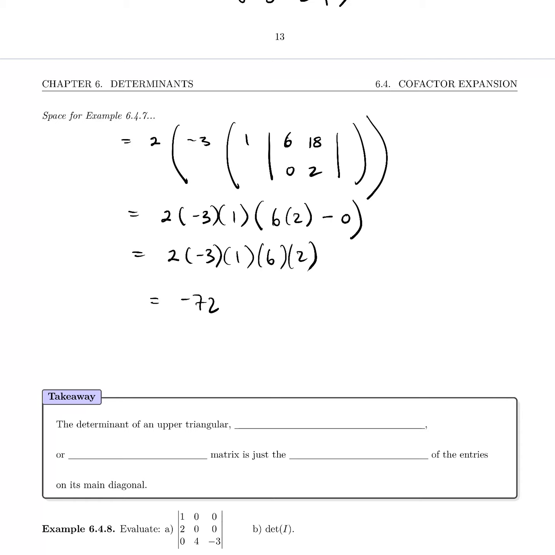Now this could also happen if we had a lower triangular, because then we would just evaluate along the first row instead of the first column, or even a diagonal matrix, which is actually both lower and upper triangular. It ends up being just the product of the entries on the main diagonal.